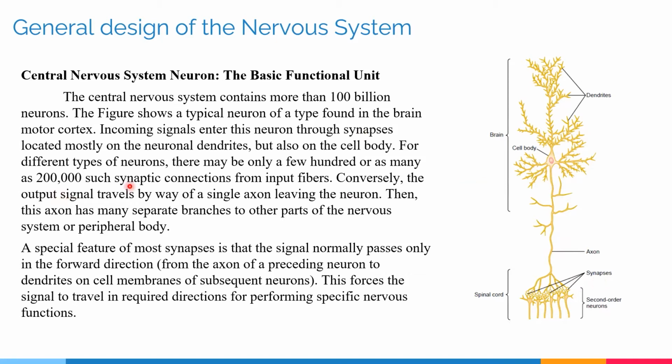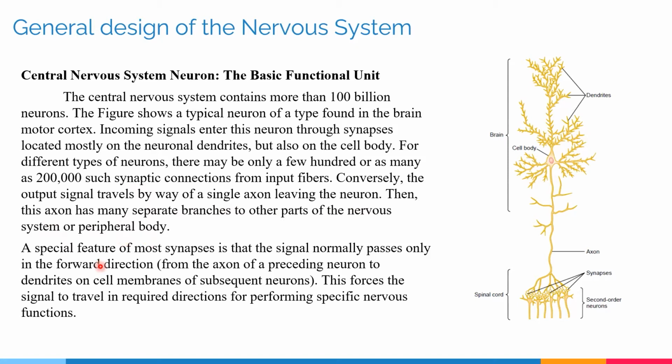For different types of neurons, there may be only a few hundred or as many as 200,000 such synaptic connections from input fibers. Conversely, the output signal travels by way of a single axon leaving the neuron. Then, this axon has many separate branches to other parts of the nervous system or peripheral body.